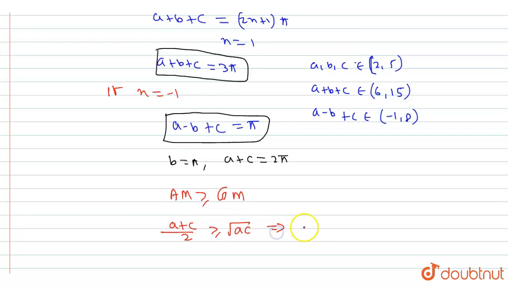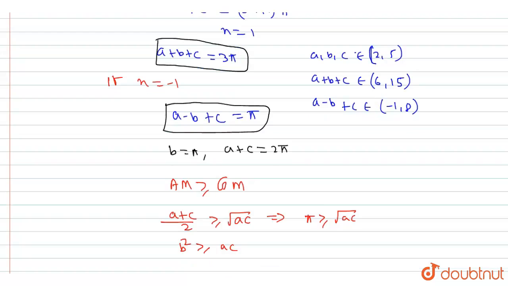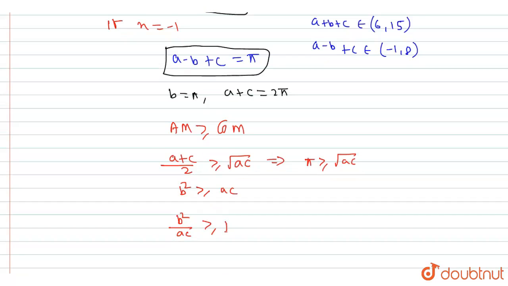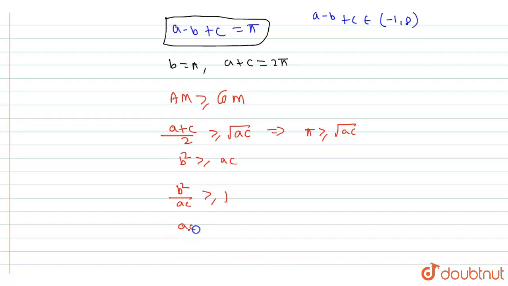This implies that π is greater than or equal to root ac. Clear? Now b² is greater than or equal to ac, we can write. From here we can write b² divided by ac greater than or equal to 1. This implies that ac divided by b² is less than or equal to 1.